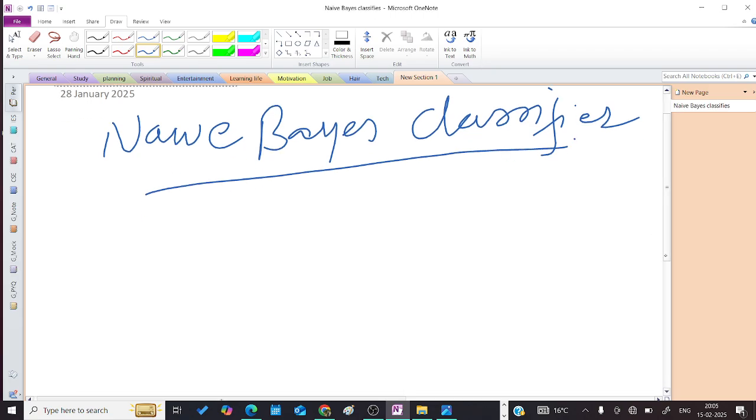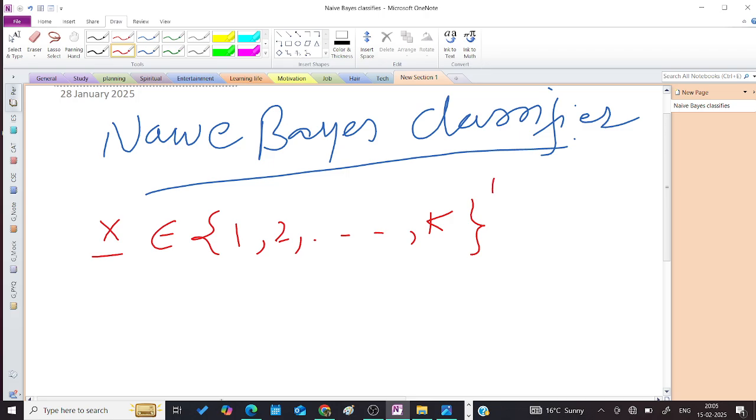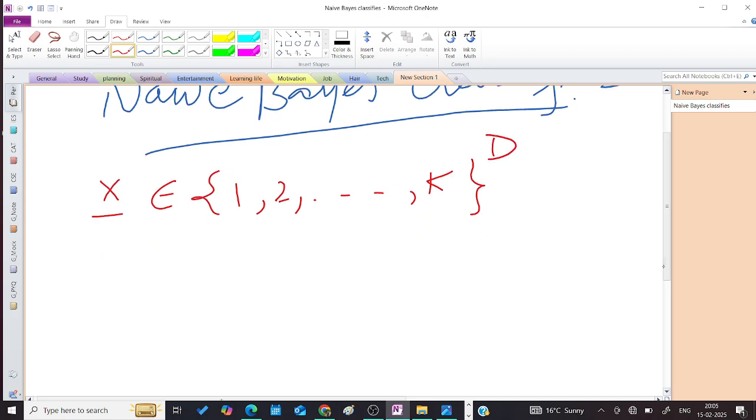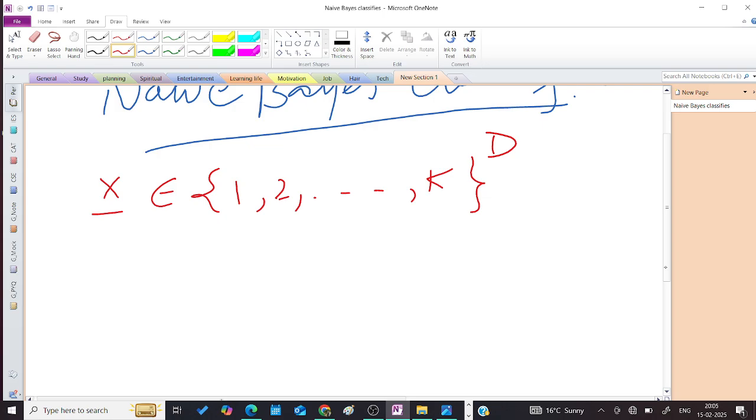Okay, suppose we have a random vector x which can take values from 1 to K, and there are D dimensions. Okay, so what is K?